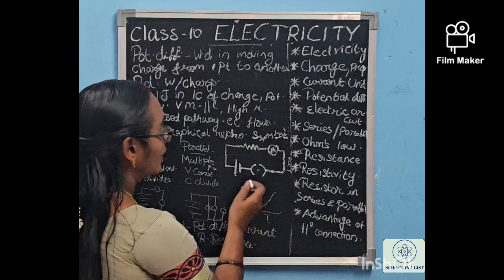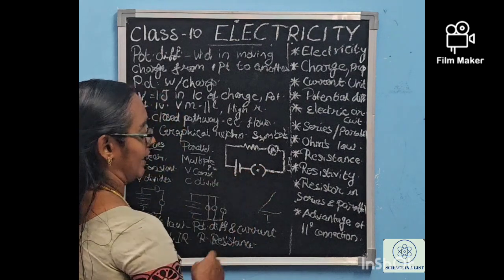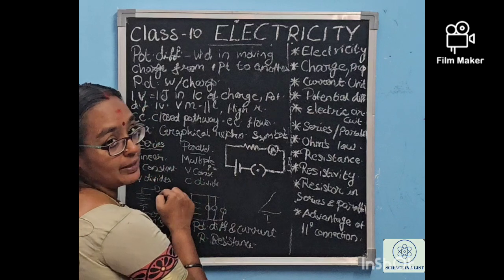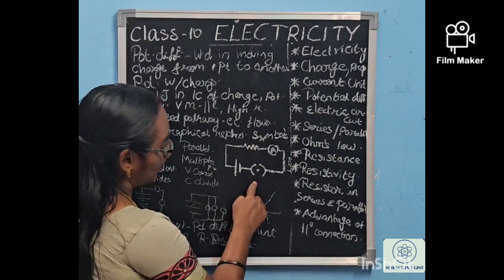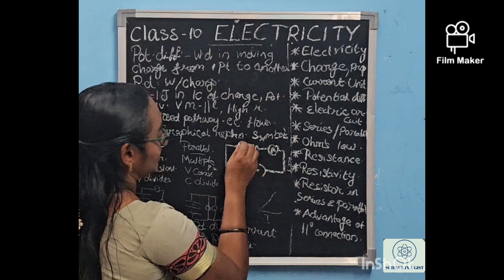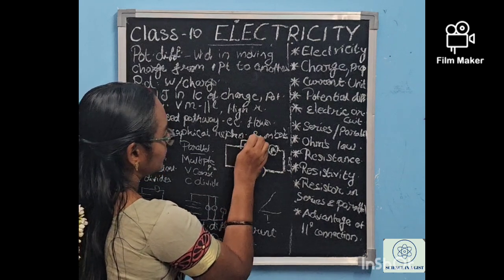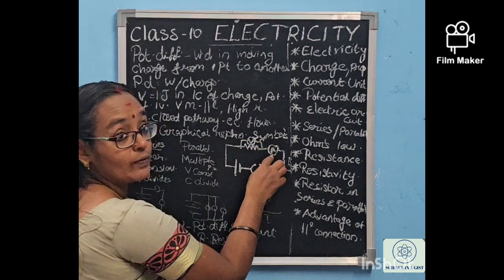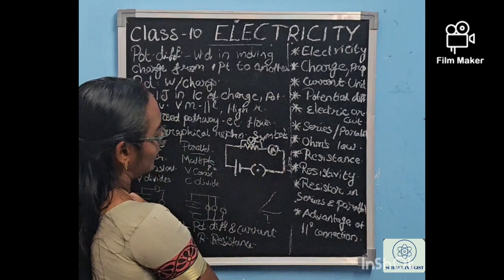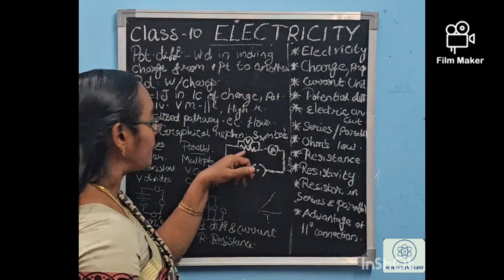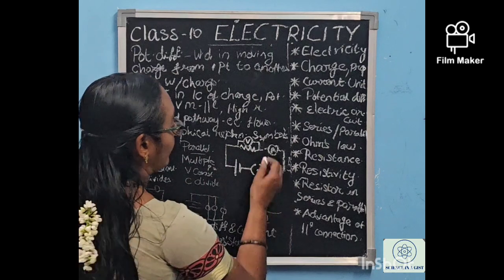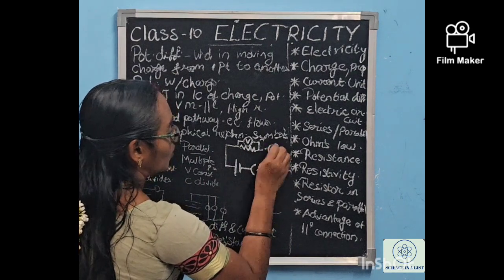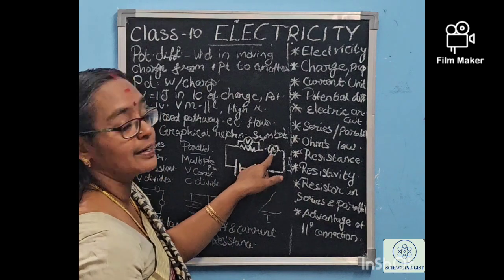It's very important. If there is a point inside, it means a closed circuit, that is, the switch is in the on position. Then this is the resistor. The voltmeter is connected in this manner and the ammeter is the one for measuring current. We have already learned the voltmeter should be connected in parallel while the ammeter, for checking the current, is connected in series.